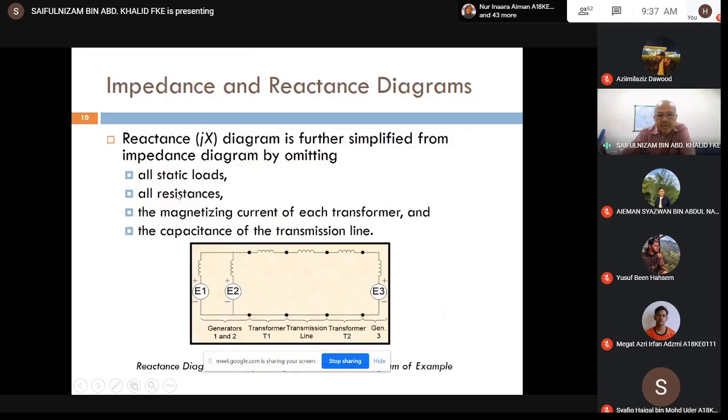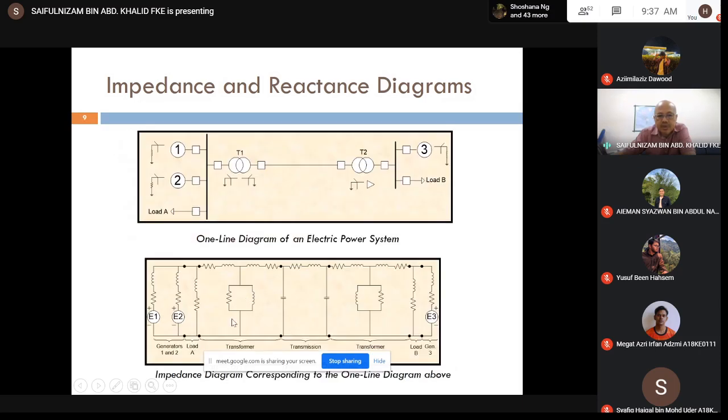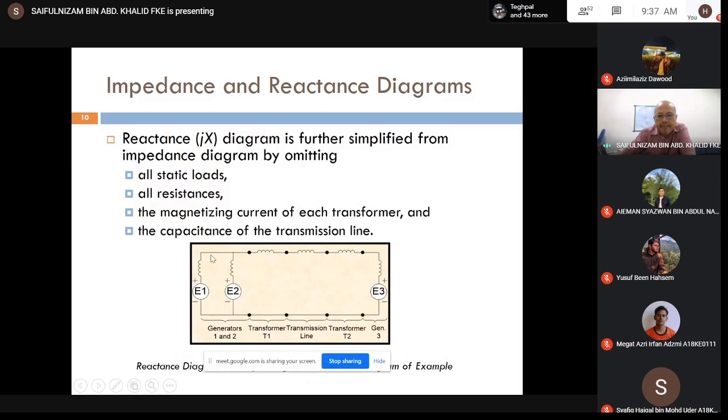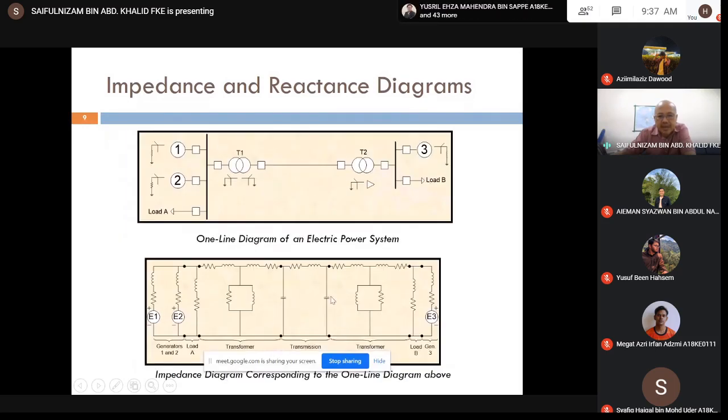So by removing all the static load and the passive load, all the resistance including the generator resistance, the transformer and the transmission resistance, and also the magnetizing circuit of each transformer. You can see there is no magnetizing circuit of the transformer here, and also there is no shunt capacitance of the transmission line.